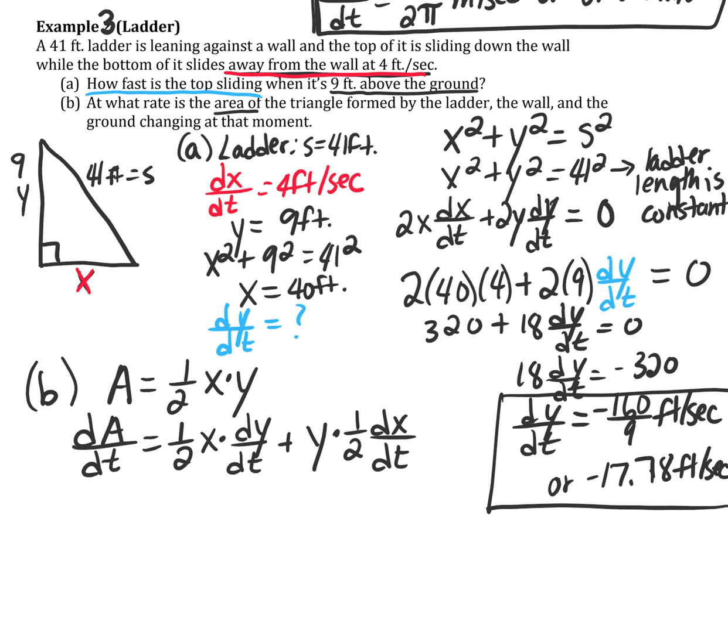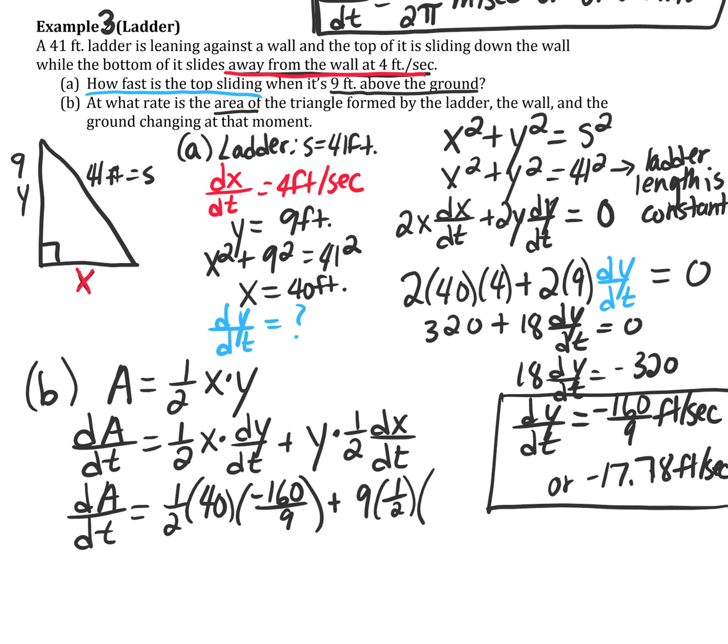And again, we have enough information to plug everything in, so we're going to just be solving for that area rate, 1/2 times 40 times negative 160 over 9. I'm going to put in the exact because we had dy over dt. We solved for that, plus 9 times 1/2, and dx over dt is 4.